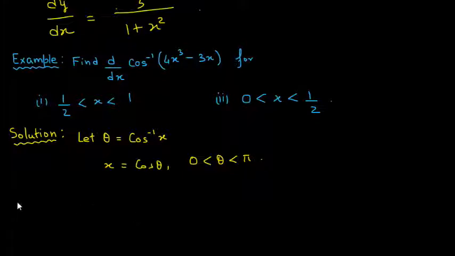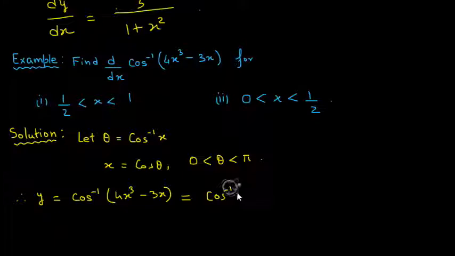Now, therefore, we can write y is equal to cos inverse of 4x cube minus 3x, which is equal to cos inverse of 4 cos cube theta minus 3 cos theta.